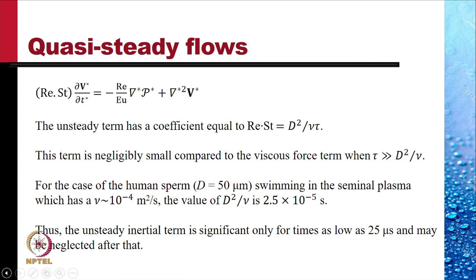For the case of a human sperm with d equal to 50 micrometer, swimming in the seminal plasma, which has a nu of 10 to the power minus 4 meter square per second, the value of d square by nu is 2.5 into 10 to the power minus 5 second. Thus, the unsteady inertial term is significant only for times as low as 25 microseconds and may be neglected after that.